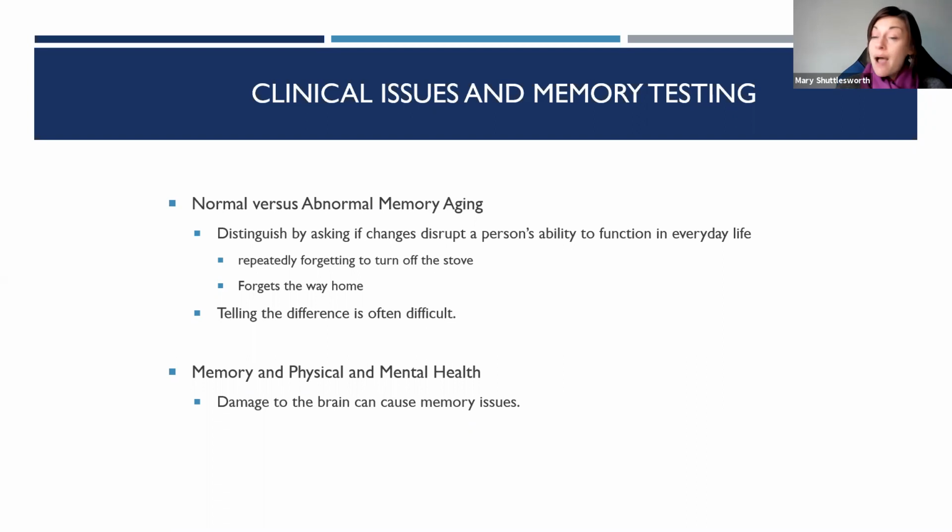And when we talked about the Wechsler Adult Intelligence Scales, or the WAIS, some of those working memory tasks like the digit span and the letter number sequencing could potentially be used as tests of working memory to determine what's going on in terms of the person's memory issue. But again, telling the difference is often quite challenging.